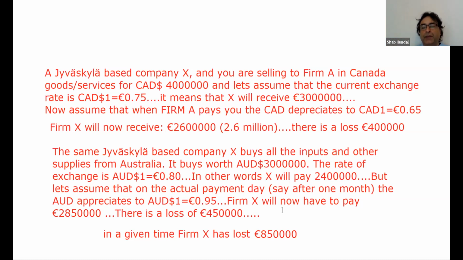The good situation would be the price you receive goes up and the price you pay goes down. That's a favorable situation, but we can't always pray or hope that it occurs and remains forever.